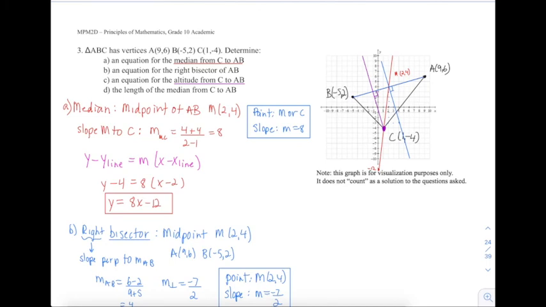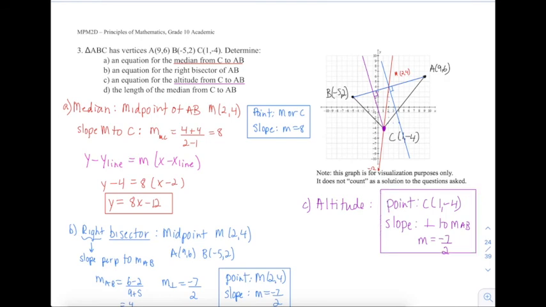We've already computed that. So the altitude is going to go through the point C, and the slope is perpendicular to the slope of AB, which is negative 7 over 2, which we have already computed.